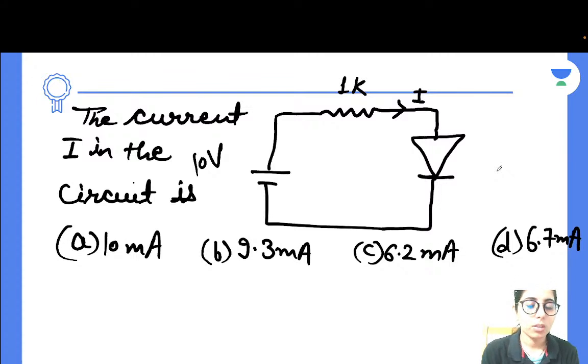These are the components of the circuit. Next you have to find the current, which is 10 milliampere, 9.3 milliamperes, 6.2 or 6.7 milliamperes. Try it now and tell me whatever you think is the correct answer, guys. I'm still going to wait for your reply in the comments, and then after some time I'll be continuing the discussion too.